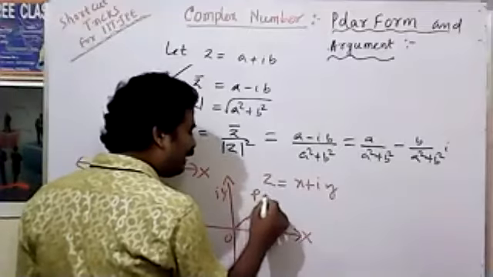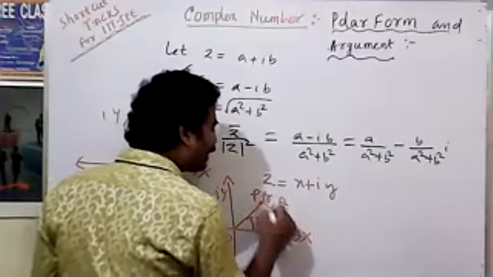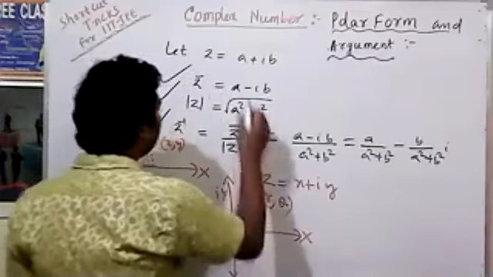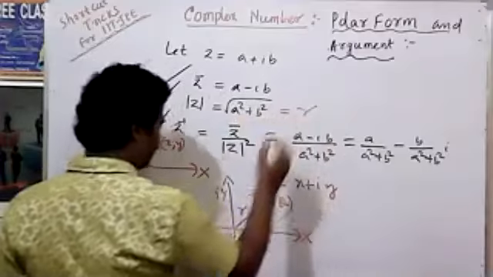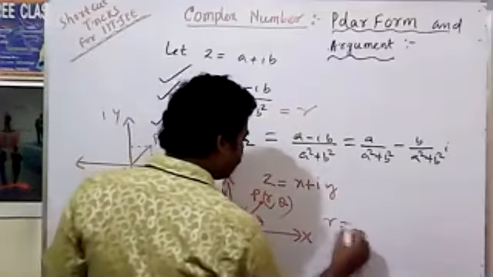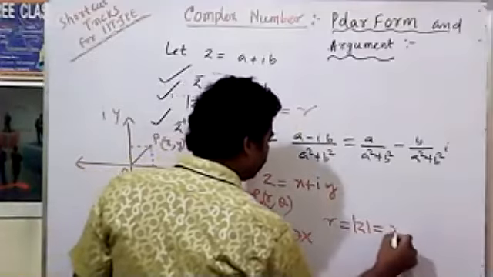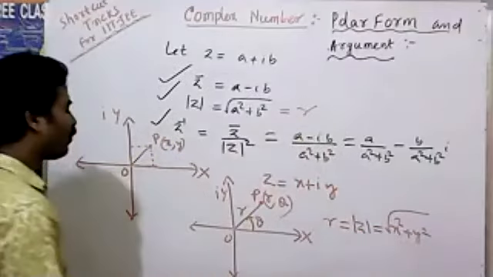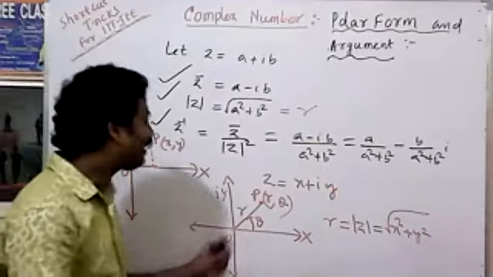This point is P, which is equal to (r, theta), where r is the modulus. So r is equal to z modulus, that is the square root of x square plus y square. So this is here theta.